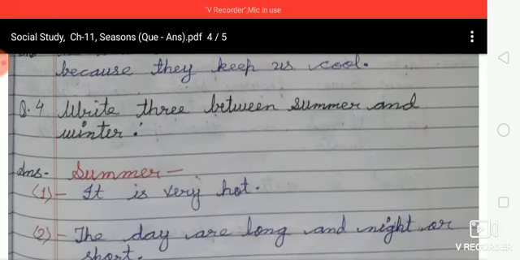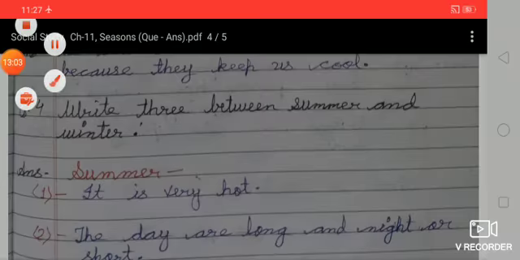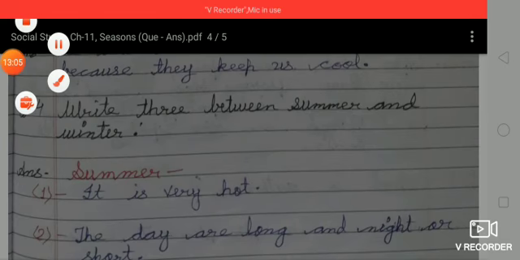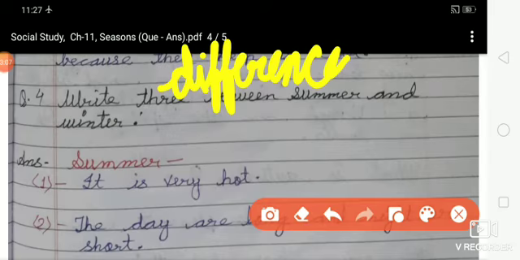Okay. Now fourth one, write 3 differences between summer and winter.